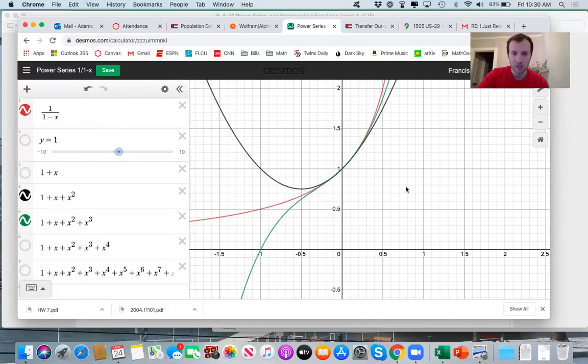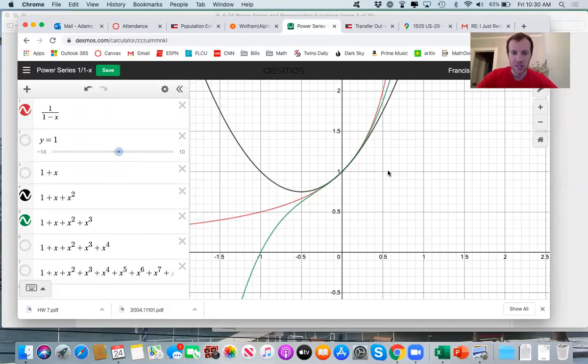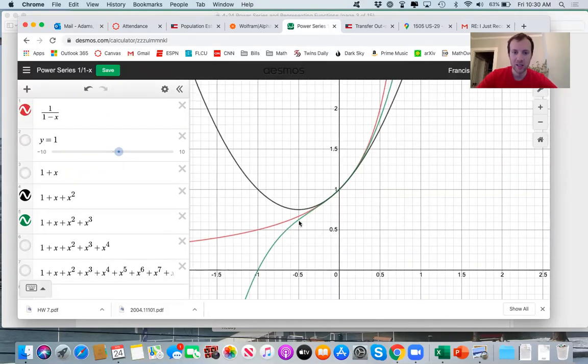If we zoom in some, what we can see is that the green line here stays with the red line a little bit longer than the parabola did. And here the green line is staying with the red line a little longer than the parabola did over here. And if we keep going, this purple quartic stays with the red line even longer.